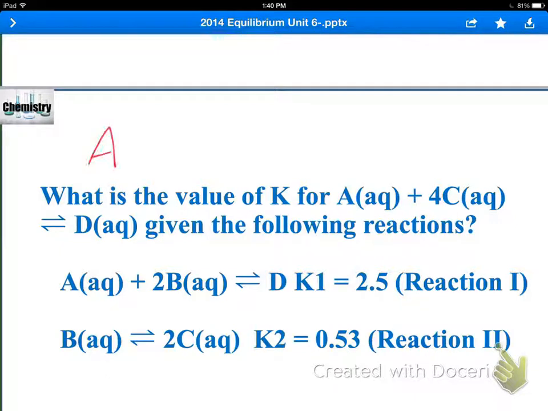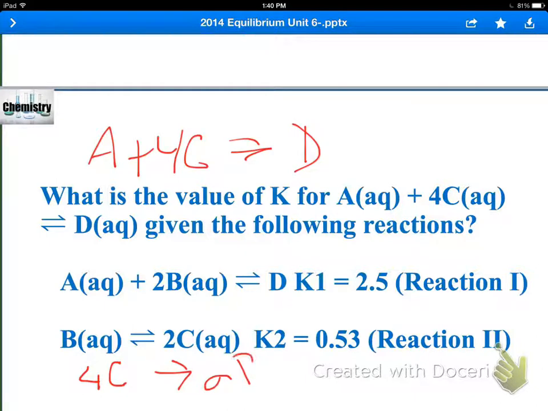Okay, in order to get A plus 4C gives me D, what I need to do is get my B's to cancel out and be on opposite sides of the equation. So I'm going to need to flip this one, flip and double. So I'm going to have 4C gives me 2B.